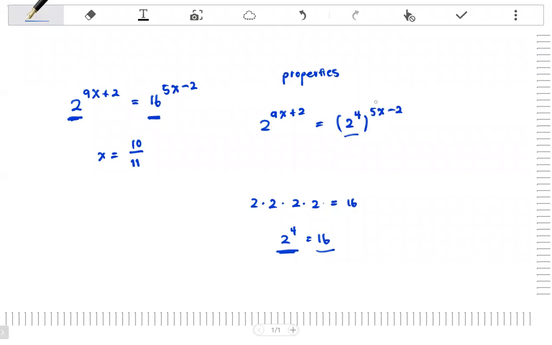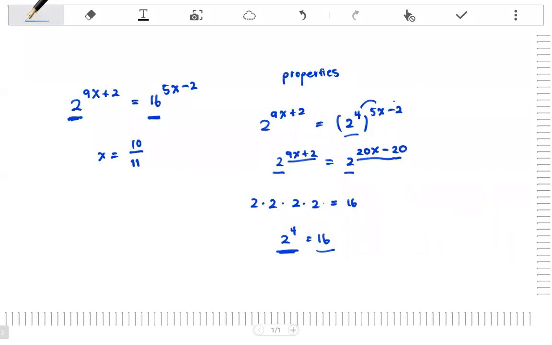Using our multiplication rule for exponents, we can multiply our exponent to this exponent, which gives us 2 to the 20x minus 20. Okay, now from here, this has a base of 2, and our exponents are differently written.